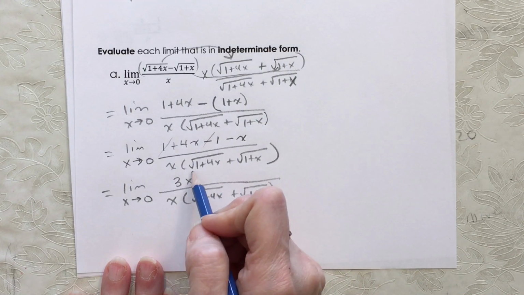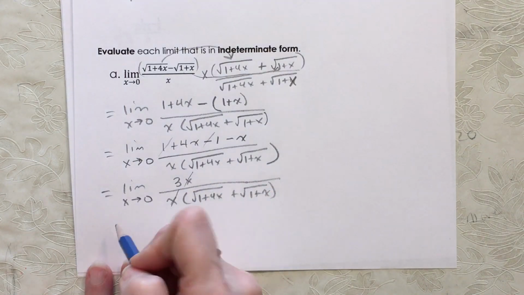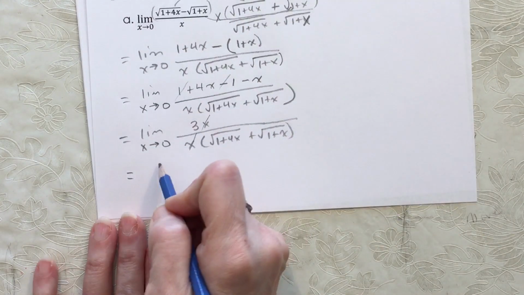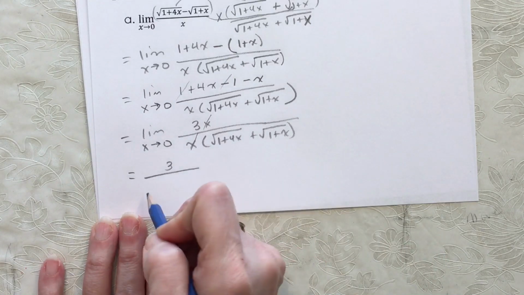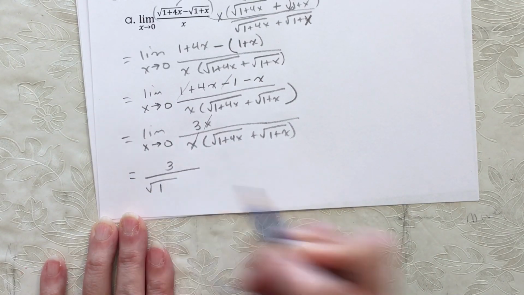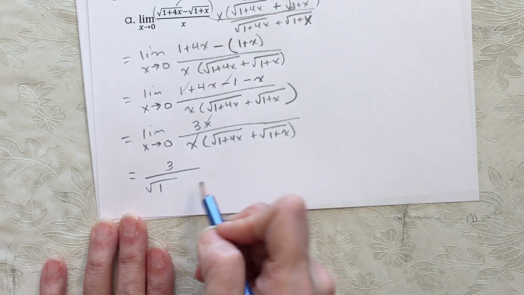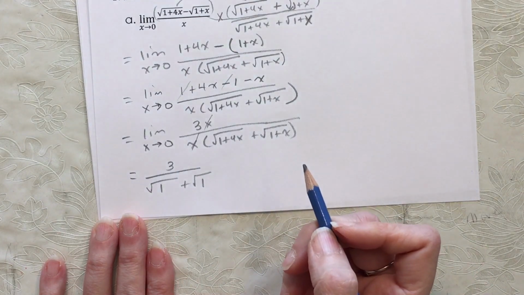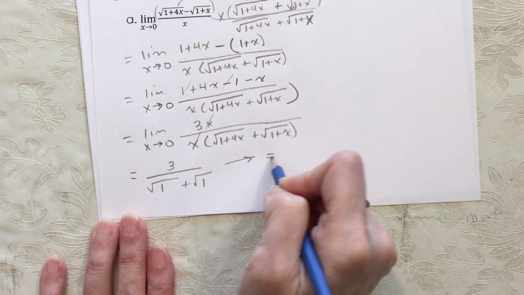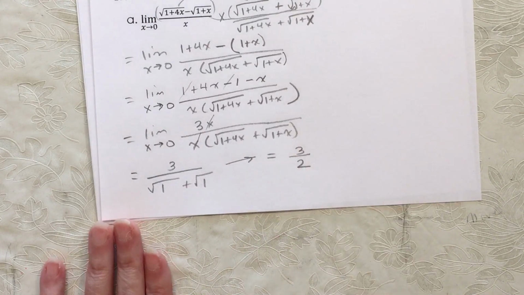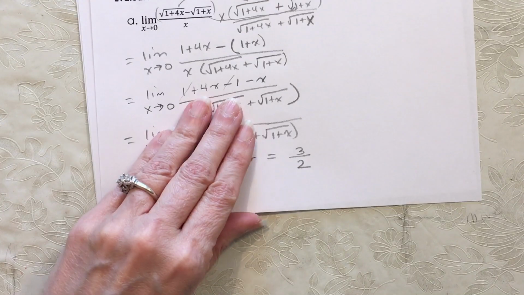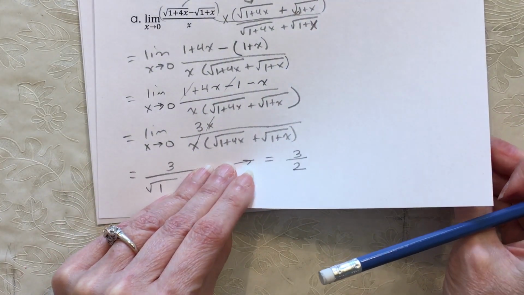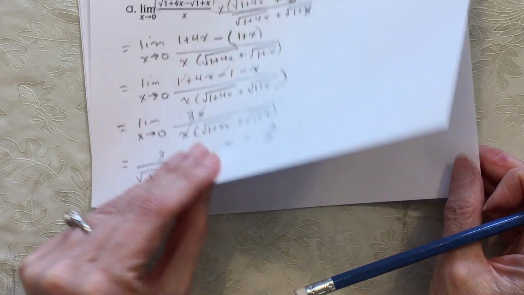And now we can divide out the x's. So now it's safe to let x approach 0. We'll have 3 in the numerator over the root of 1, because 4 times 0 is 0, plus the root of 1 again. The root of 1 is 1, so that's going to equal 3 over 2. So that would be multiplying top and bottom by the conjugate.